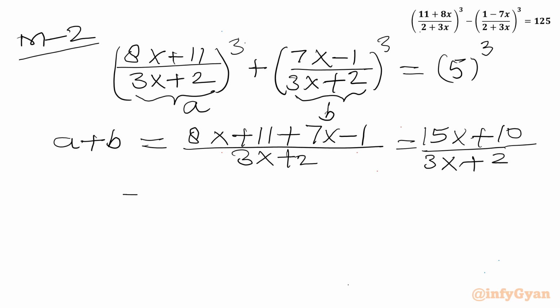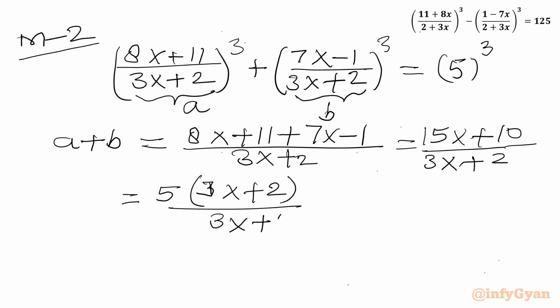Take 5 common from the numerator, we'll have 3x + 2 in the numerator and 3x + 2 in the denominator, which will get cancelled out.